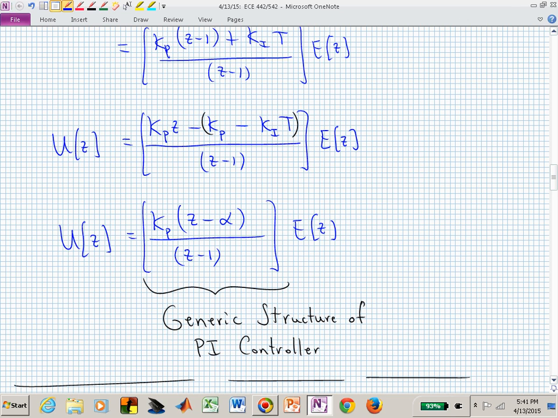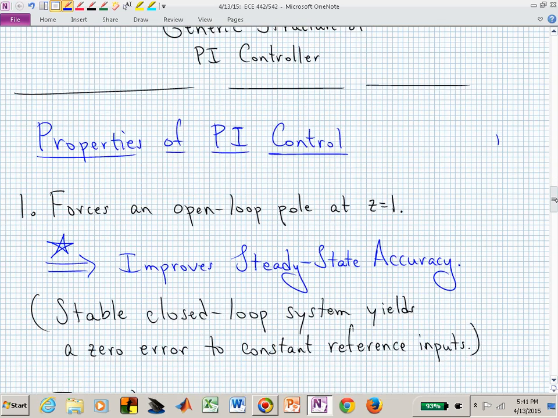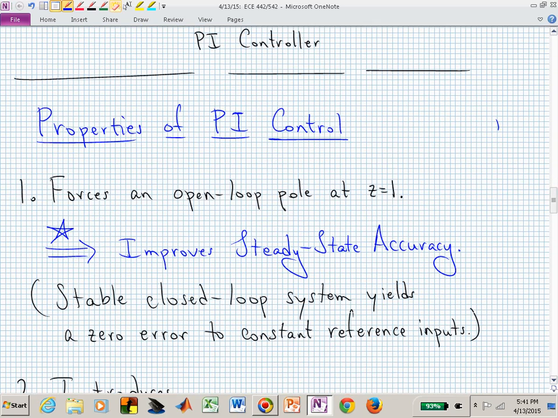Questions on that PI structure that now you can play with in the Z domain or in the discrete time setting? What does that buy us? Not B-I-A-S, but B-U-Y-S.